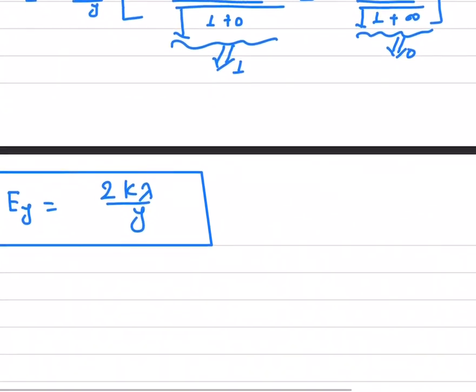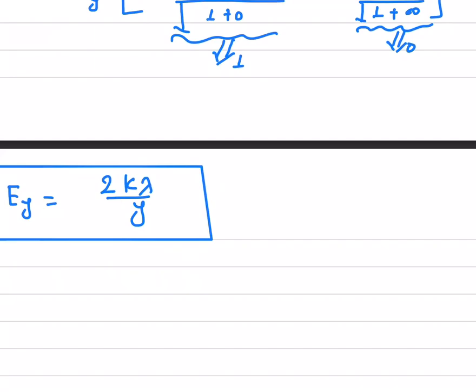Okay, and the thing you have to notice here is that the electric field varies as 1 over y.